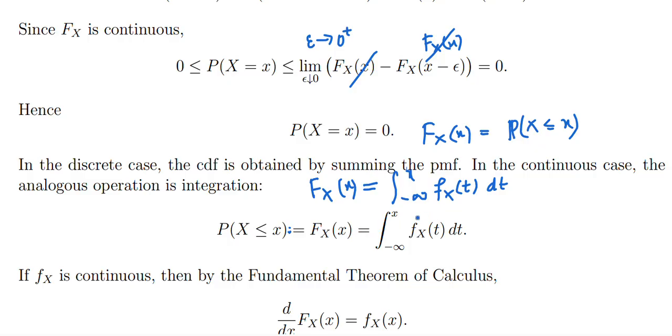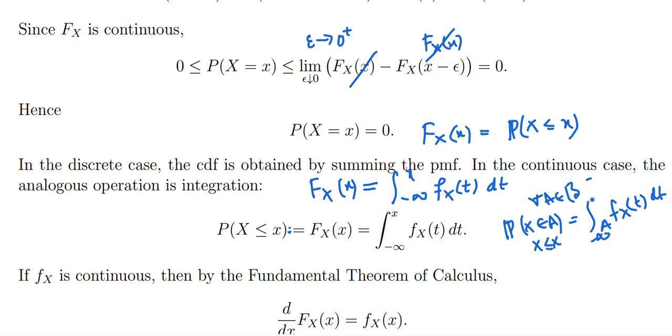No. This is the definition of a continuous random variable because the probability that x belongs to A is the integral over A of fx of t dt for all A belonging to the Borel sets. So if you take now x less or equal to x, then you get the integral from minus infinity to x and so on.